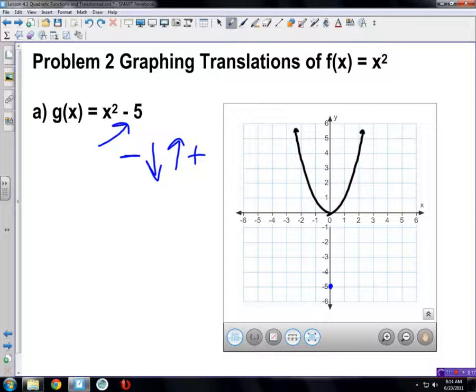And basically what we're going to be doing here is making everything happen the same, so I can make it the same shape and everything, which if I look here, it goes over 1, up 1. So here I'm going to go over 1, up 1. And then we go over 2, up 4. So I'm going to go over 2, up 4. And then try to make that a nice curve.